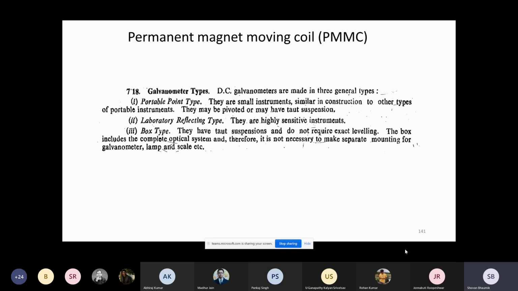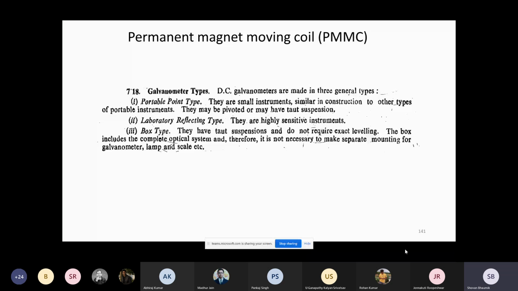You cannot just attach the wires and keep it on the table. You have to suspend it on the wall. You have a mirror, a light reflecting, and a scale where you will see. But in return, it is a very highly sensitive instrument. Even if some charge passes, it will reflect a lot.